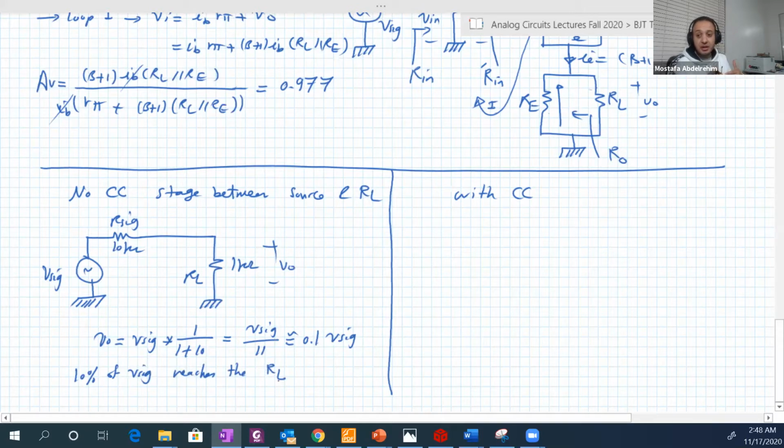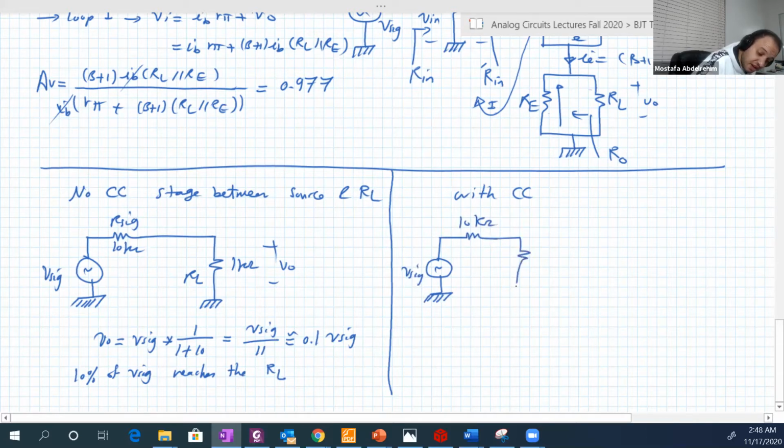Now what happened after adding the common collector? Here is V signal again, 10 kilo ohms again, then our input resistance, which is 33.84 kilo ohms. Then we have here AV times V input, where V input is across our input, and AV is 0.977.